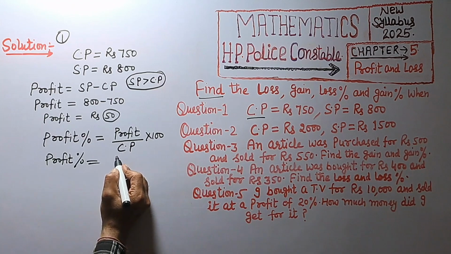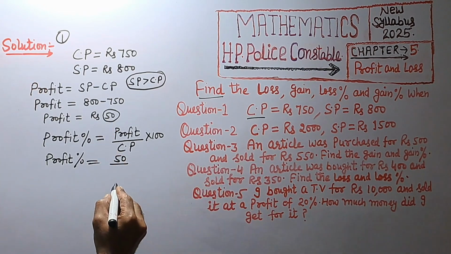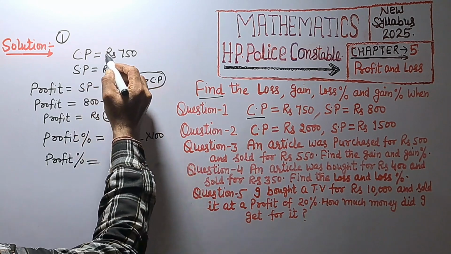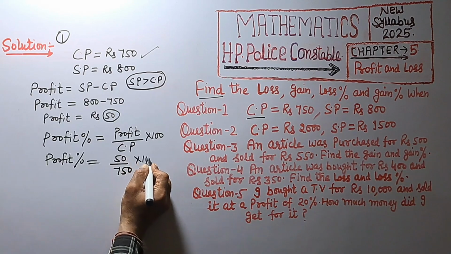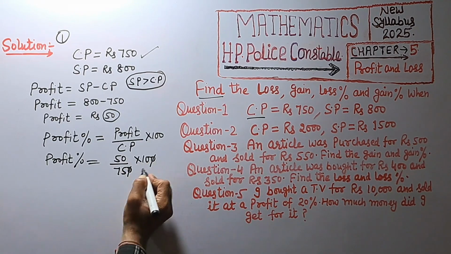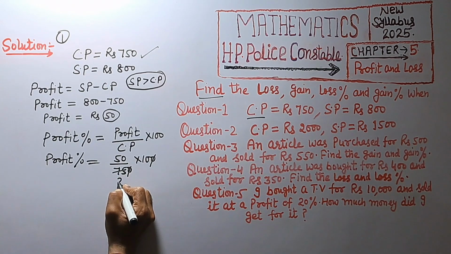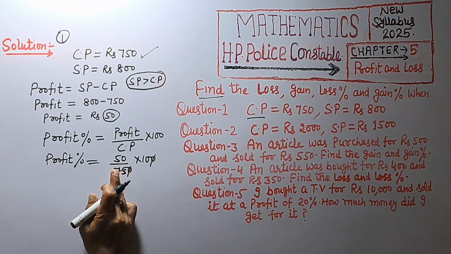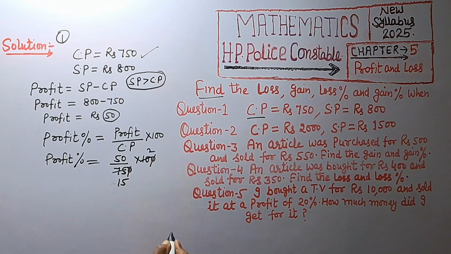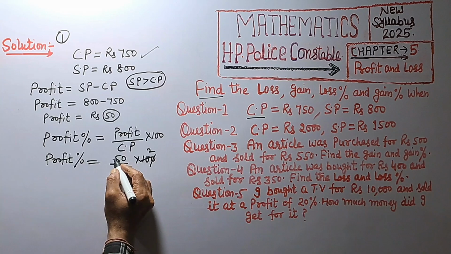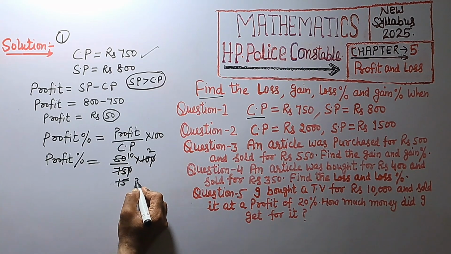Profit percent equals profit 50 rupees divided by cost price 750 multiplied by 100. 0 is cancelled and 5, 15 5s are 75, 5 2s are 10, 5 10s are 50 and 5 3s are 15.